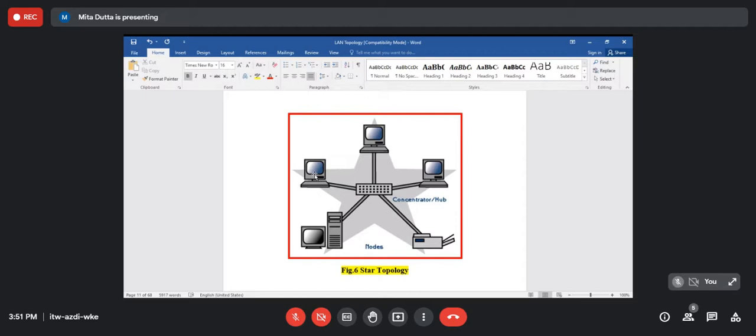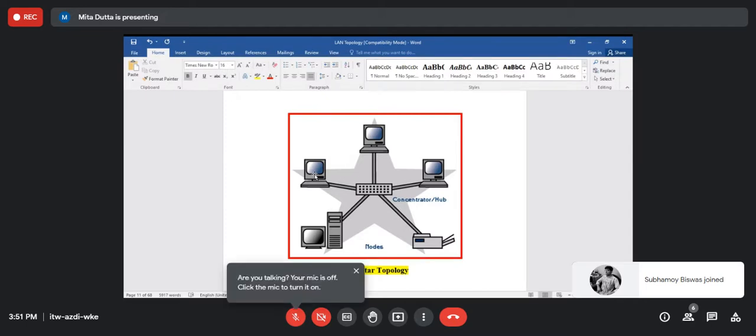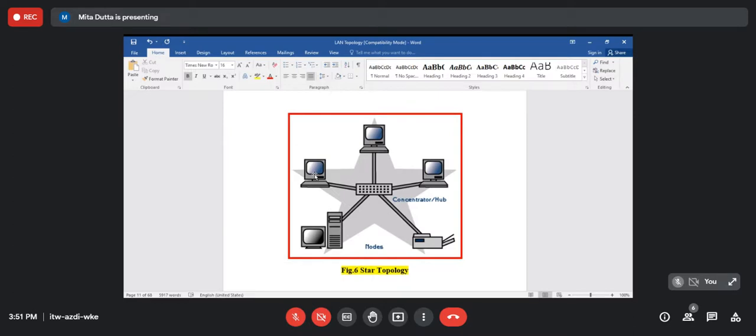But if it is an intelligent hub, the function of the intelligent hub is such that it will amplify the signal and it will send the information to that particular workstation, because any data transfer is being done through ports. So the intelligent hub has both input ports and output ports.